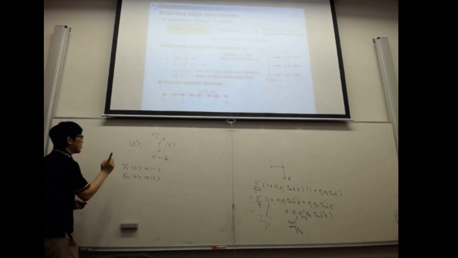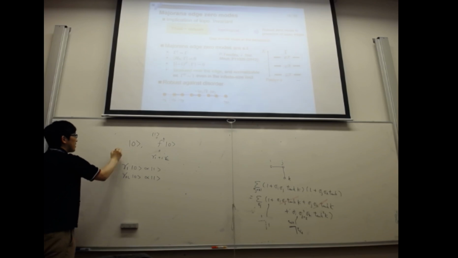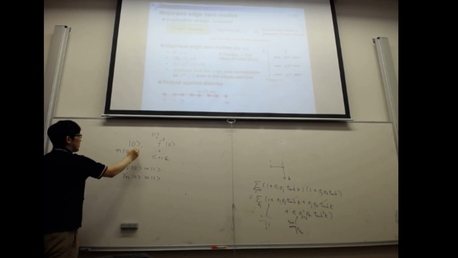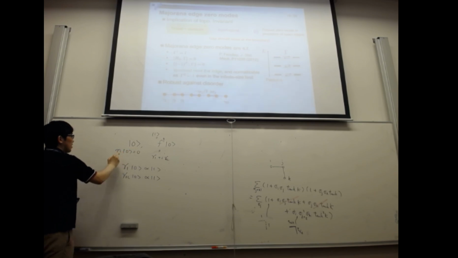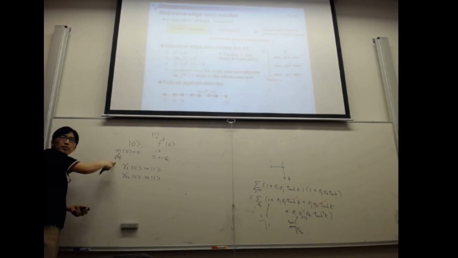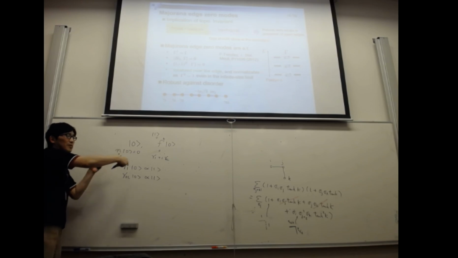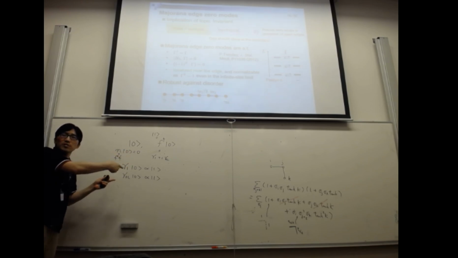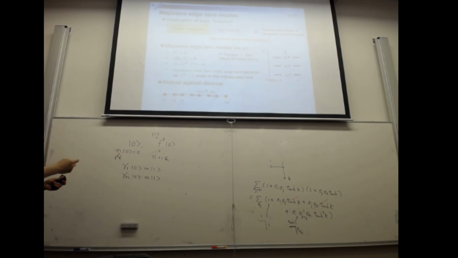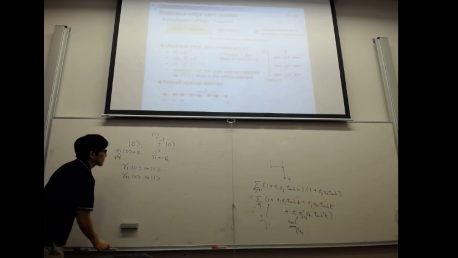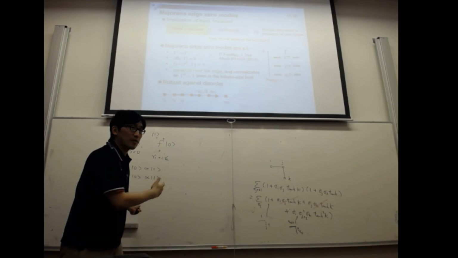The important point here is that this 0K is an eigenstate of n, which is F dagger F, right? We have to take this to be an eigenstate of n. That's important. If you consider some mixture of 0 and 1, then this kind of argument fails. Okay, thank you.